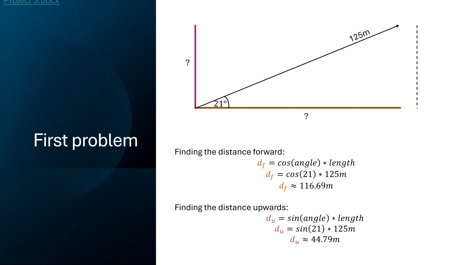Therefore, by multiplying the sine of the angle by the length of the total displacement of the object, you can get a value in meters for the upward displacement. This is a problem which you may want to save for later, as it is a textbook example of vector decomposition.